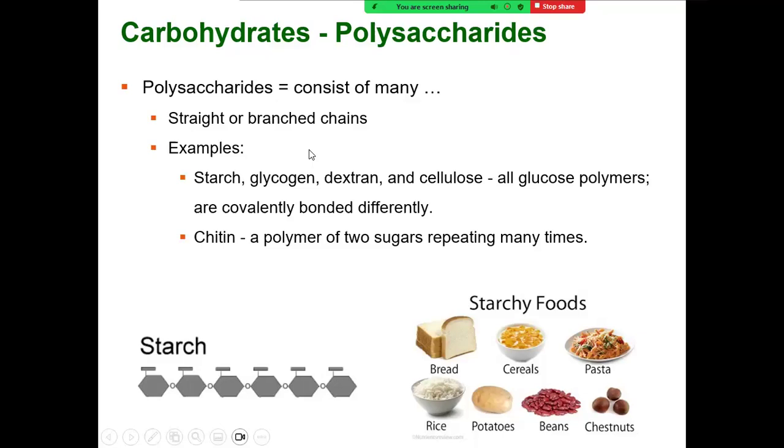Some of the polysaccharides will have a branch chain like glycogen, which is how animals store glucose in their liver. It's similar to starch. The difference is that glycogen will branch, meaning you'll have one chain here, and off of this one you'll get another chain going that way.